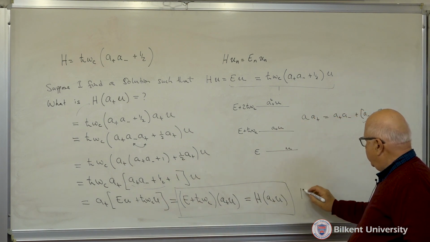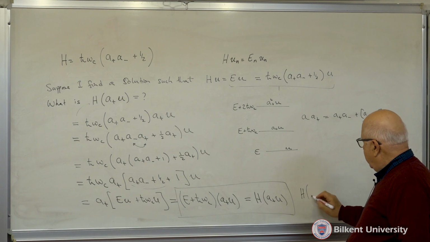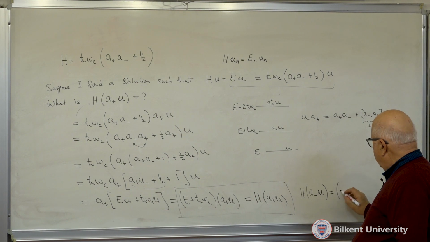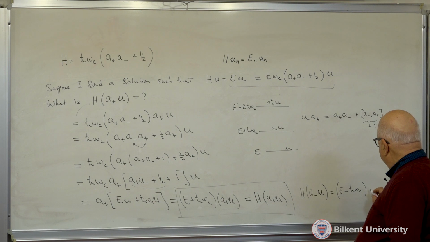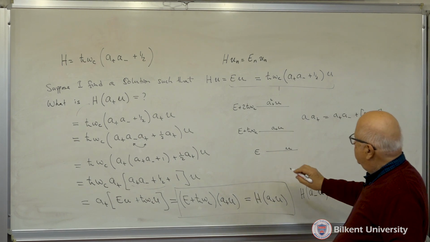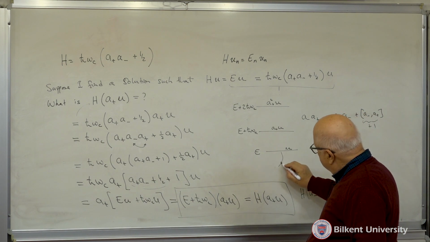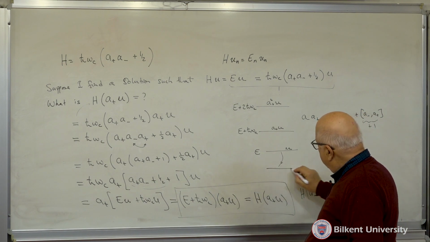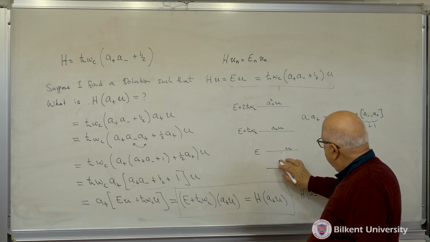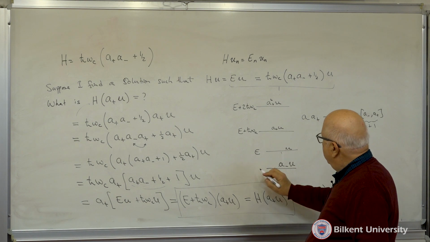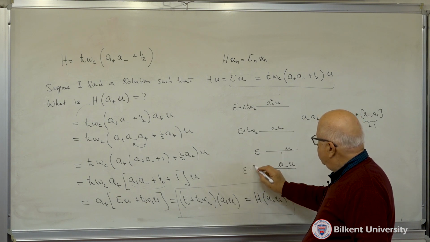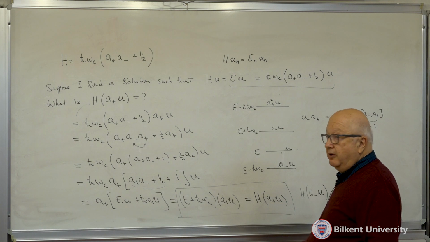Okay, so H times A minus U is going to be E minus h bar omega c times A minus U. So A minus U is going to give me a function here, and its energy is going to be minus h bar omega c.